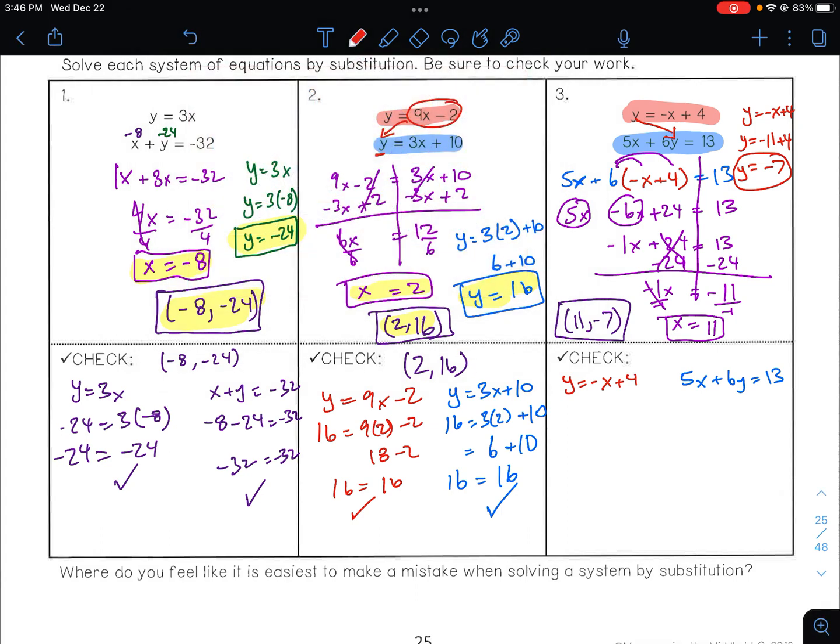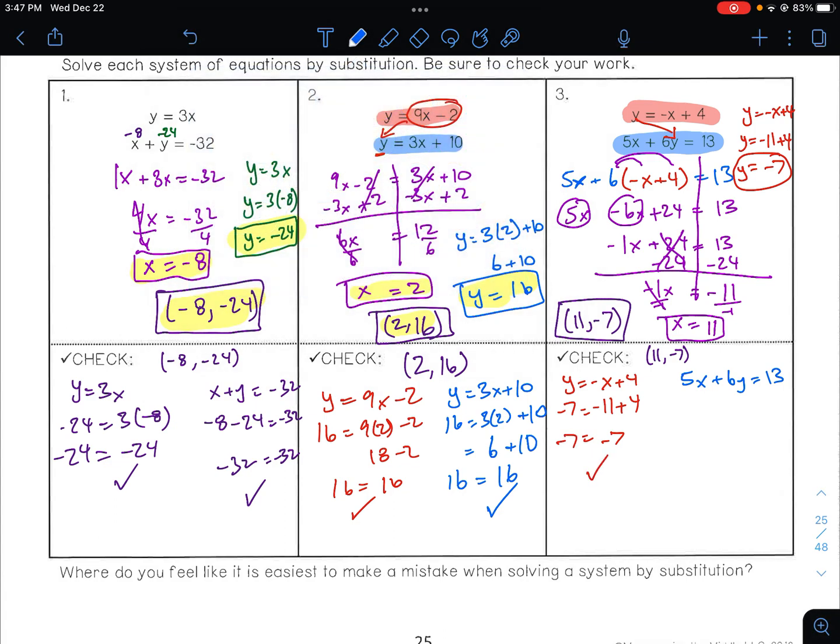We said that x is 11, y is negative 7. Actually, let's use red. Negative 7 equals negative 11 plus 4. Negative 11 plus 4 is negative 7. Yeah, that's true.